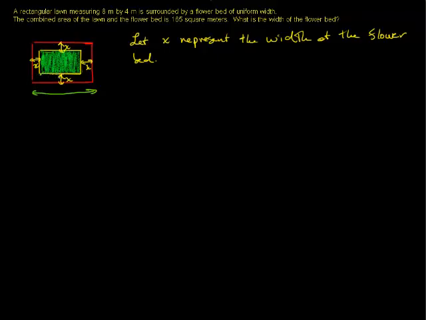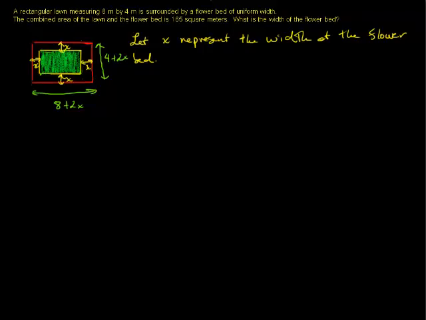So this distance has to be 8 meters plus 2x, or 8 plus 2x. This distance is going to be 4 plus 2x, because here we have 4 meters plus x gives you this red length here.